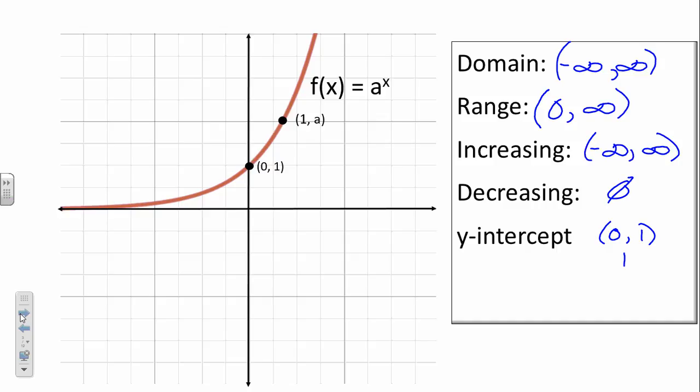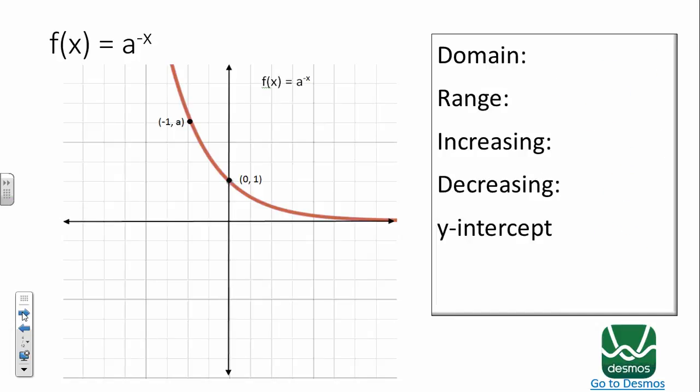All right, so that is just the basic y equals a to the x. So what happens if we make that x negative? It flips in which direction? Yeah, across the y-axis. So it reflected it across the y-axis. So what's our domain now?